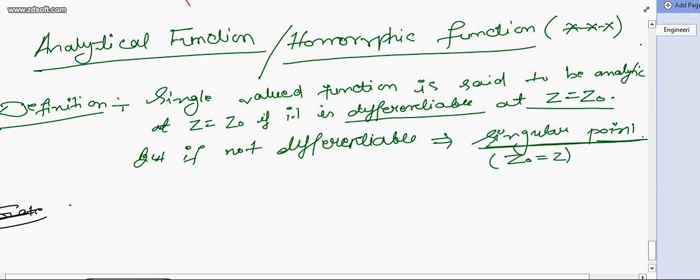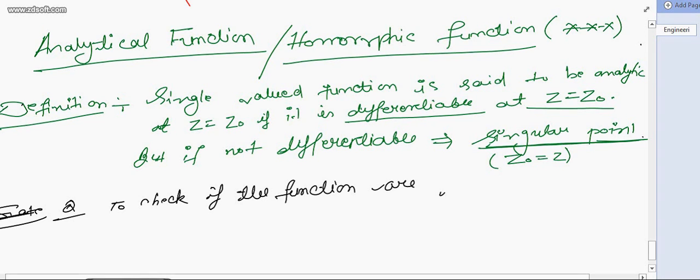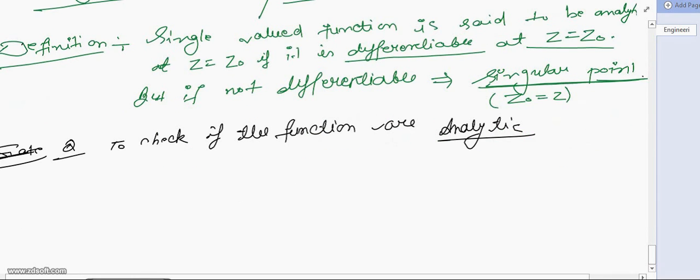We are going to see some questions to check if the functions are analytic. So we have seen the definition of a function to be analytic, but how exactly we should proceed about solving it, I haven't talked about yet. Okay, so let us see that.